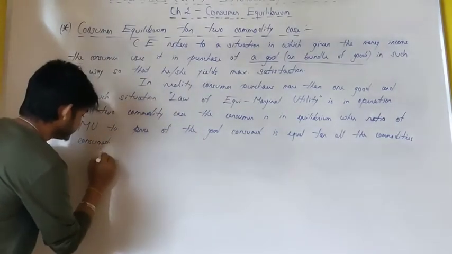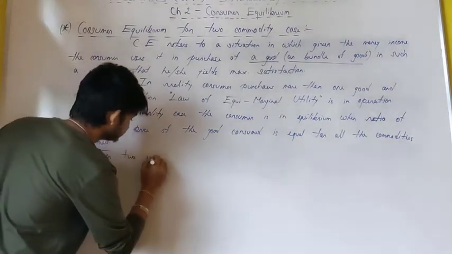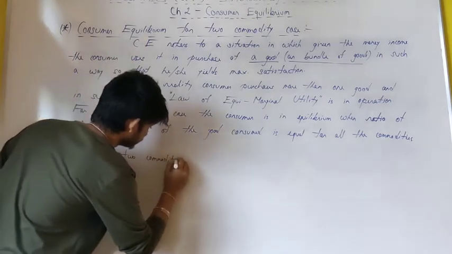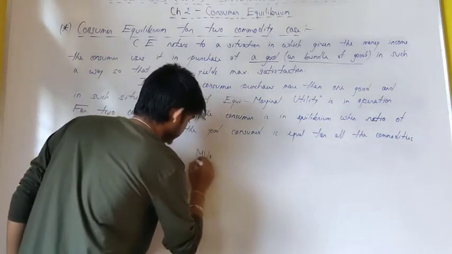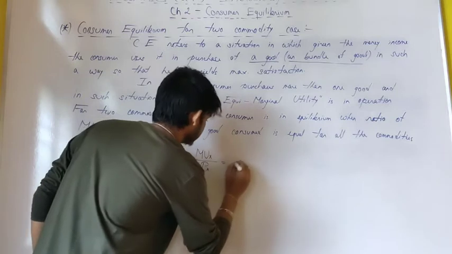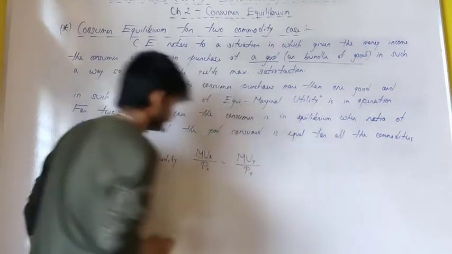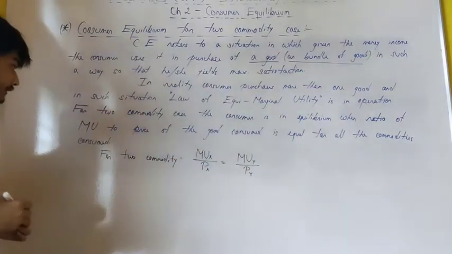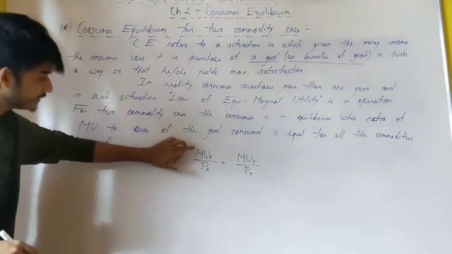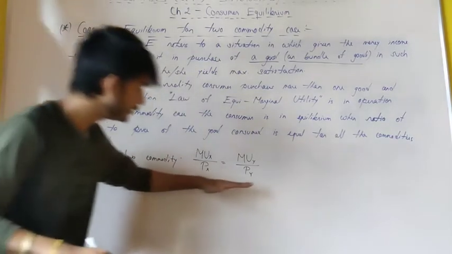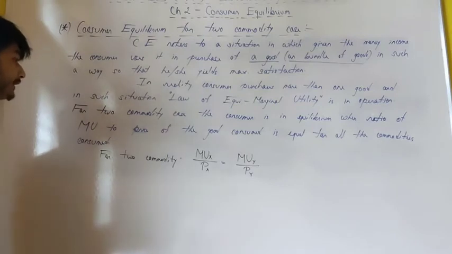So whenever we find that the ratios of marginal utilities to the price of good consumed are equal for all the commodities consumed, at that point the consumer will be in equilibrium.